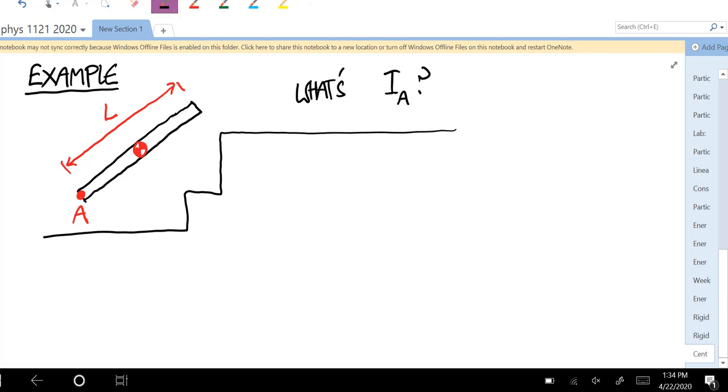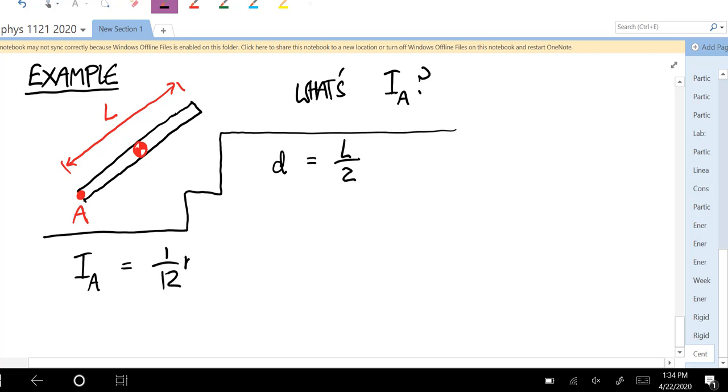Well, what's the distance from the center of mass to A? The length of the whole thing is L, so that distance d is L over 2. Okay. And so the mass moment of inertia about A is equal to the mass moment of inertia about the center of mass, and we have a formula for that.